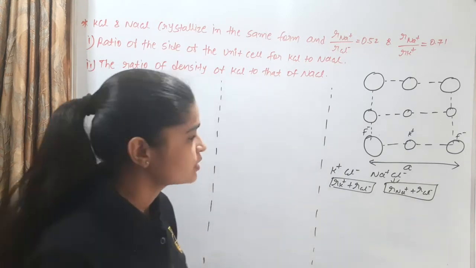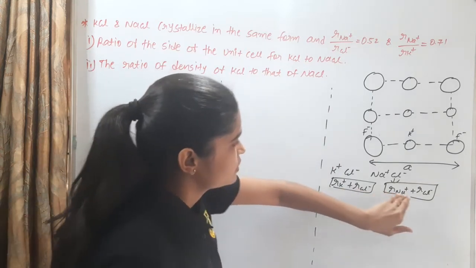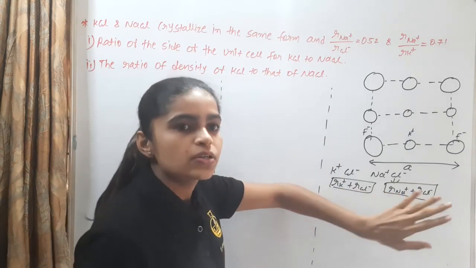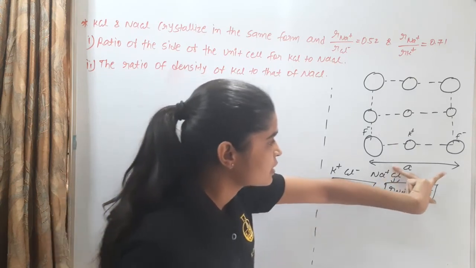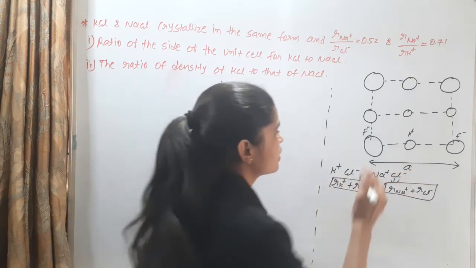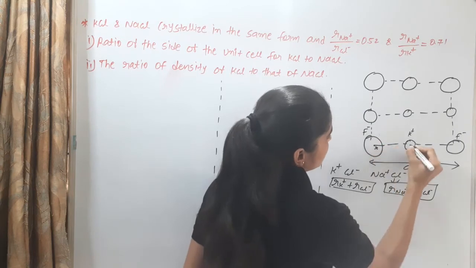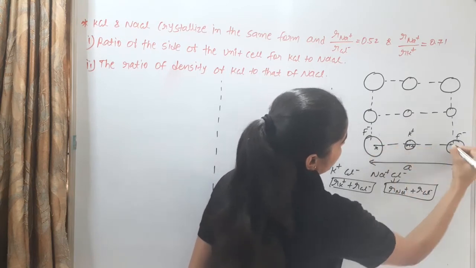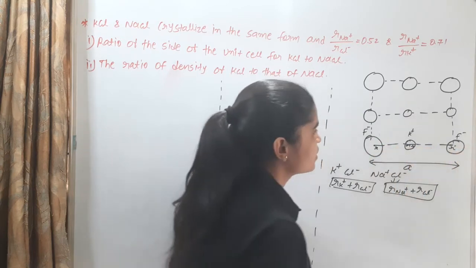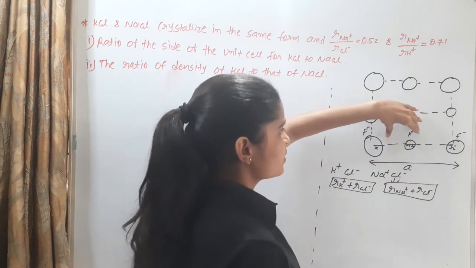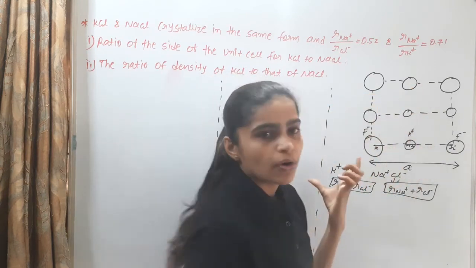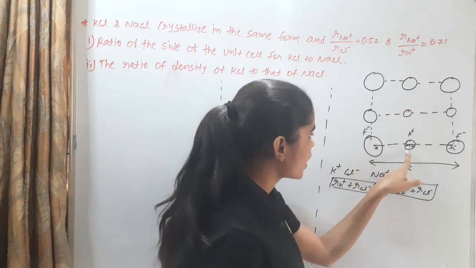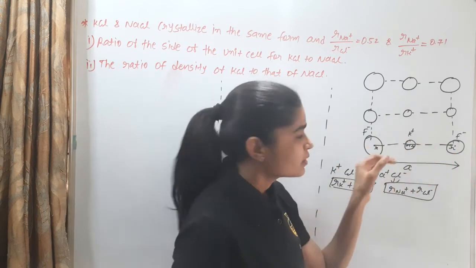We find out the ratio of this divided by this. So first we know that this is the edge length a, and this value r and r. We find out that the total value is 4r because of the 2r and 2r.